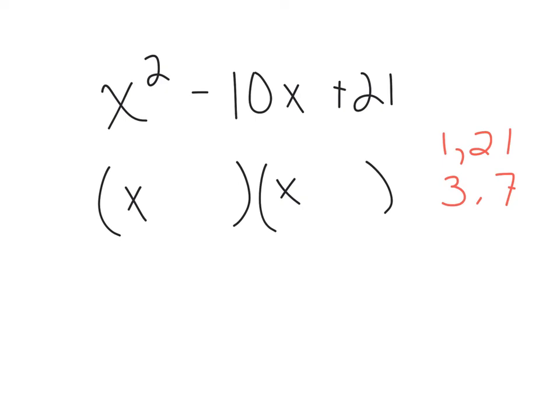Well, 3 and 7, I know I can get to 10 by adding those, but we want it to add to be negative 10. So if we make this negative 3 and negative 7, now those two numbers add to be negative 10, and negative 3 times negative 7 is positive 21.